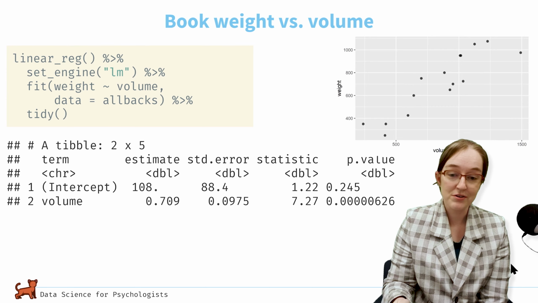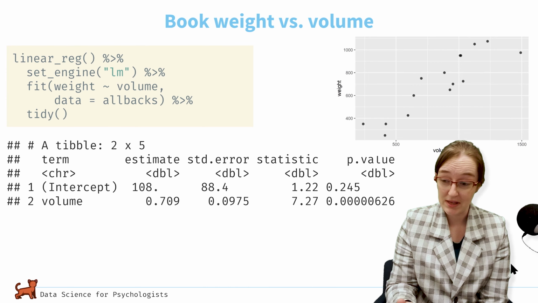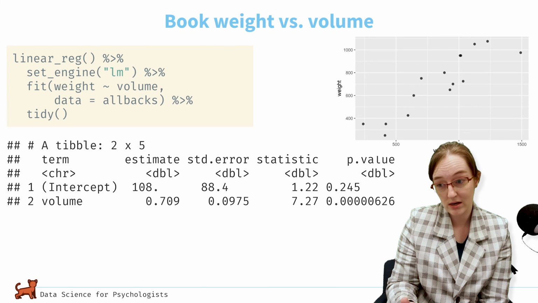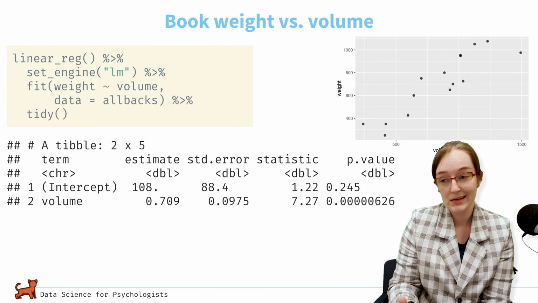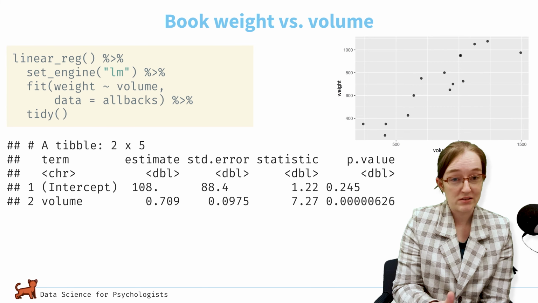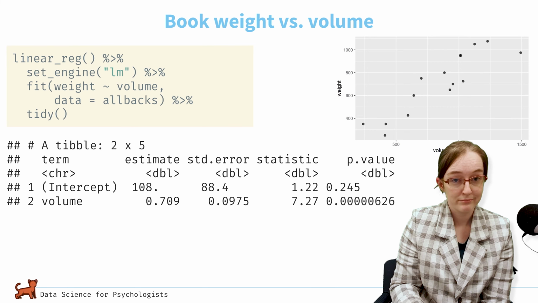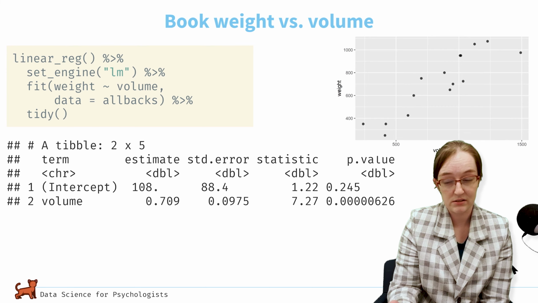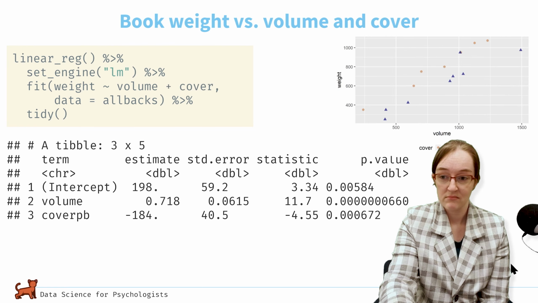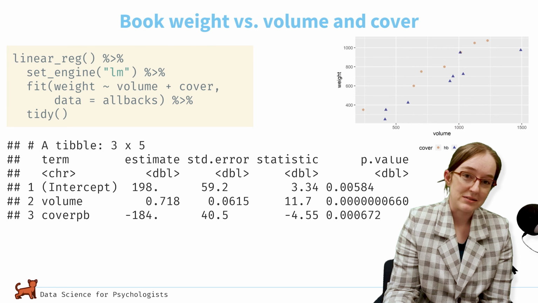A 1 unit increase in volume is associated with a 0.71 unit increase in weight. And at 0 volume, we expect our book to weigh 108 grams. So obviously we need to put something else in here, right?